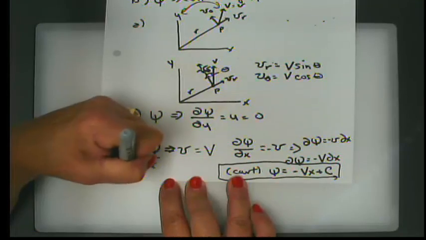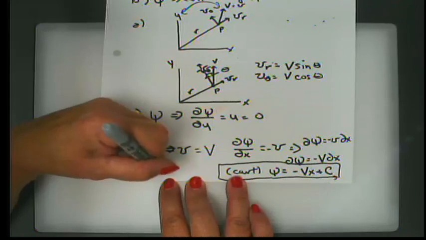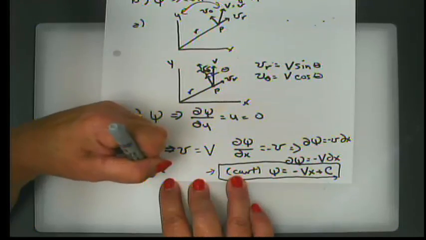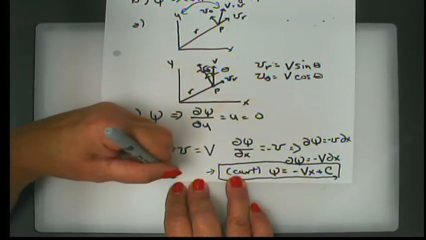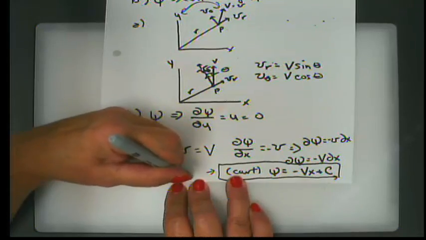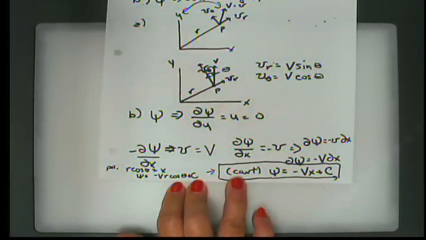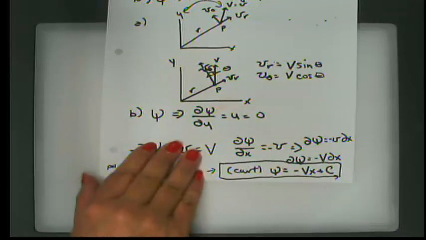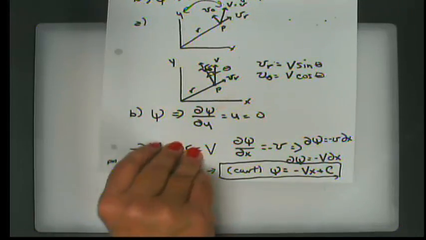So we can say r times the cosine of theta is equal to x, and we can just plug that in here and say psi is equal to negative V r cosine theta plus c. And so this is really just an exercise in determining what that looks like, in doing a conversion between polar coordinates and Cartesian coordinates.